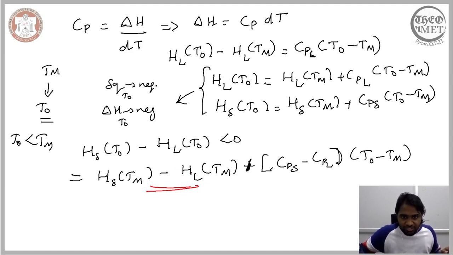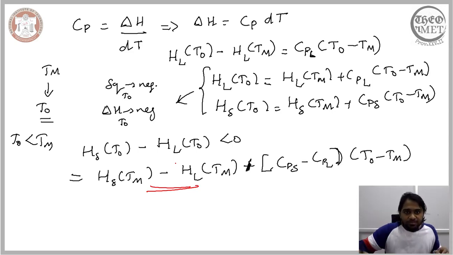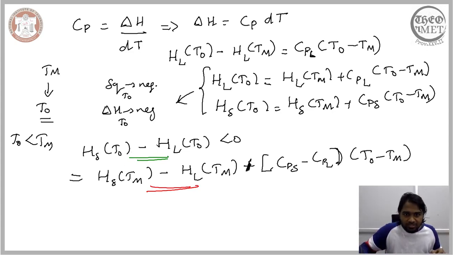It is nothing but the difference in the enthalpy when the phase change is occurring at Tm, and this expression here is nothing but the change in the enthalpy when the phase change occurs at T0. So this expression, the one in green, is the change in the enthalpy at temperature T0, and this expression here is the change in enthalpy at temperature Tm.